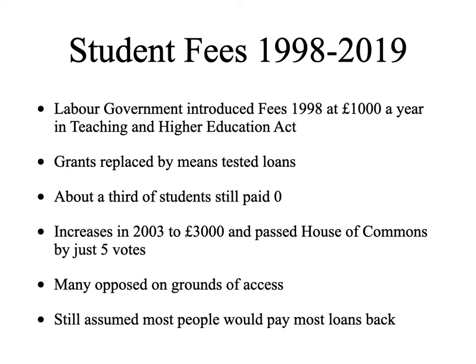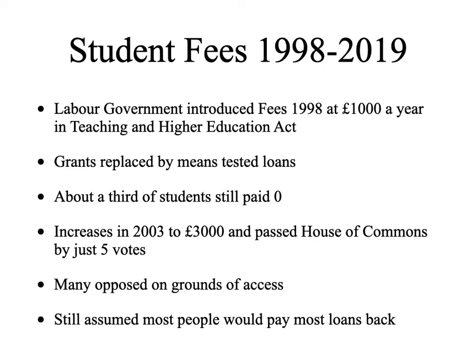So obviously a huge number of Labour MPs at the time opposed the increase from 1,000 to 3,000. Many did so because they felt that this substantial increase from what was a reasonable sum, but still at a much lower level than the cost of providing a degree, of course, was a very significant step in the wrong direction in reducing potentially access from different parts of society to university education.